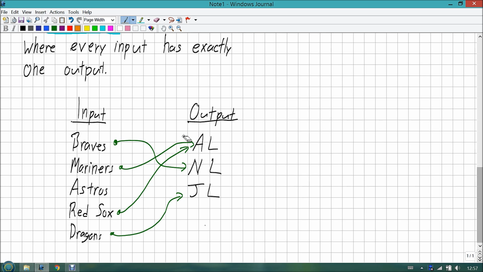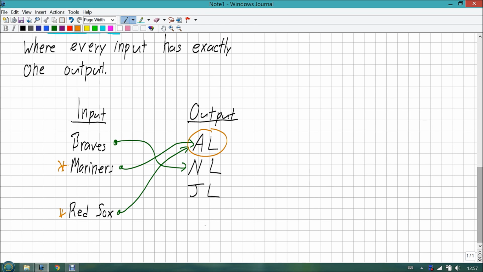Now, let's say that we just remove the Astros entirely and remove the Tokyo Dragons. Now, is it a function? Well, looking at it, every input has exactly 1 output. Yes, the American League is picked twice by the Red Sox and the Mariners, but that really doesn't matter.